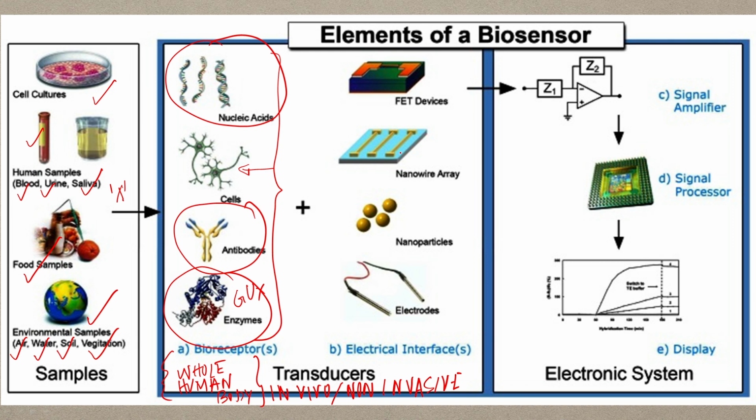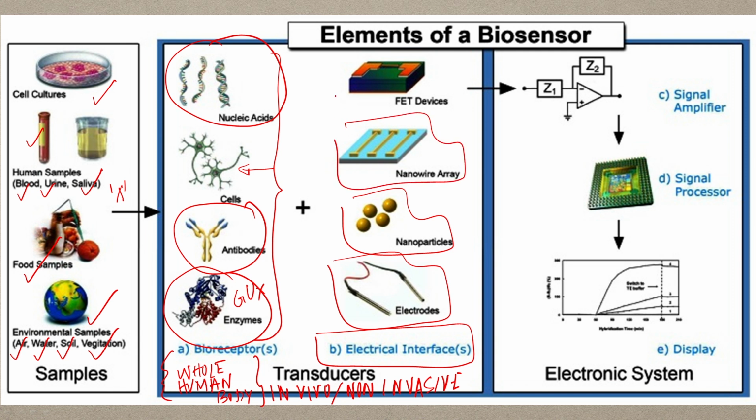Now, part 2 is the electrical interface. This electrical interface could be electrodes, nanoparticles, nanowires, FET devices, and so on.